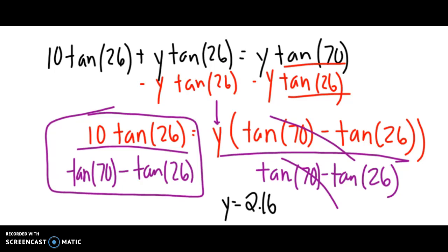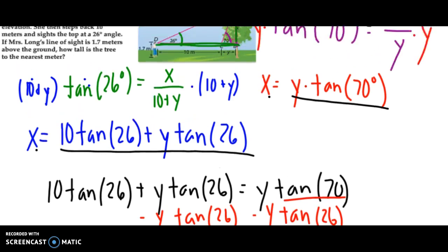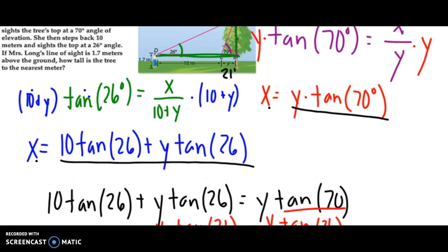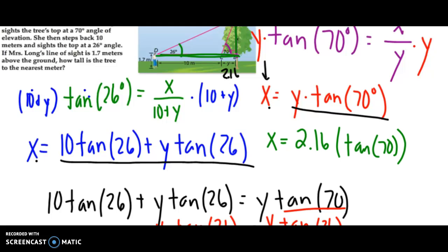So if I know that that's what y is, 2.16, I can use that information to figure out what x is in this equation right here. To figure out x, I put 2.16 times the tangent of 70 degrees.